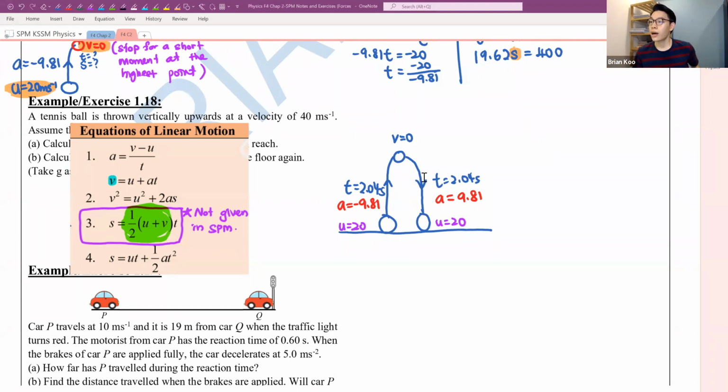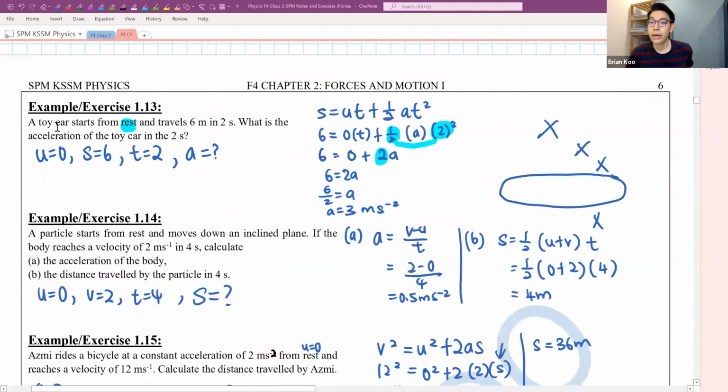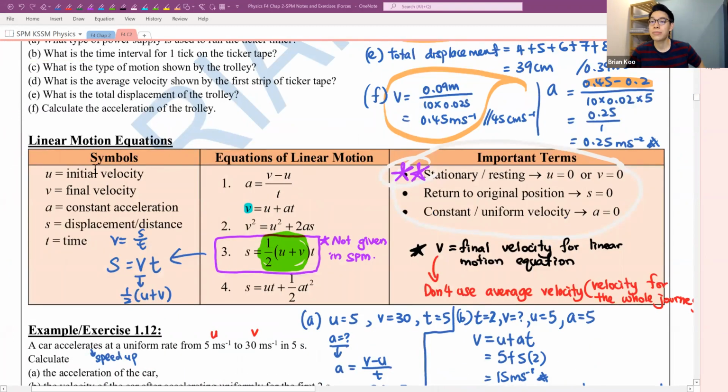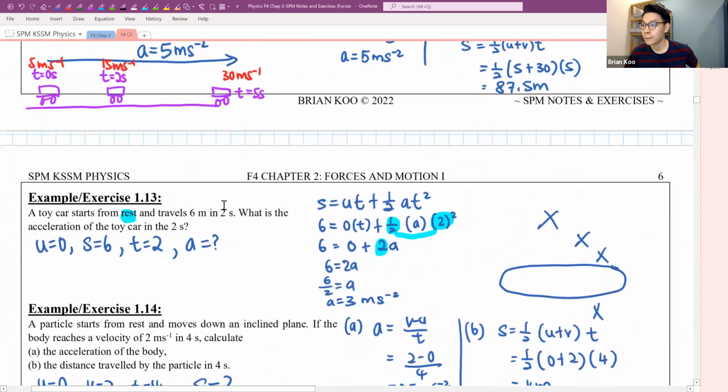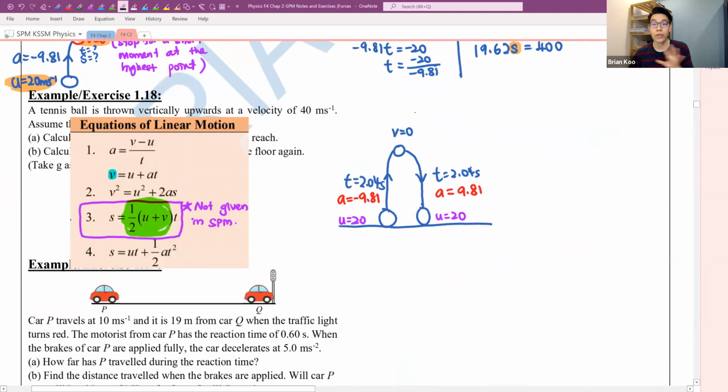All right. So the thing here is that if you look back up in the linear motion equations for the symbols, I want you to take note about this one, constant acceleration. A is constant acceleration. Which means what? I can only use all the equations if the A is the same value.